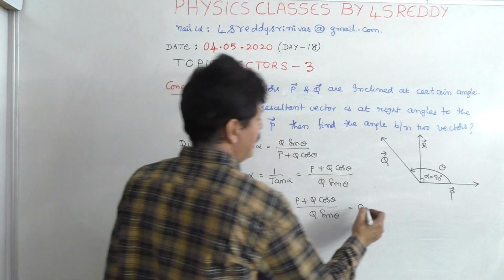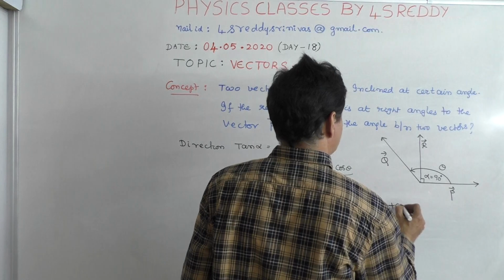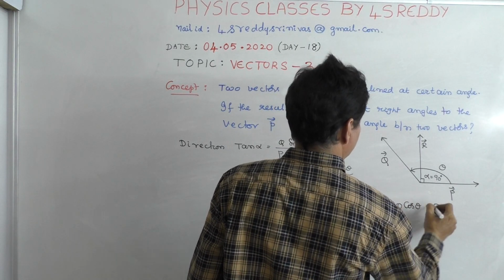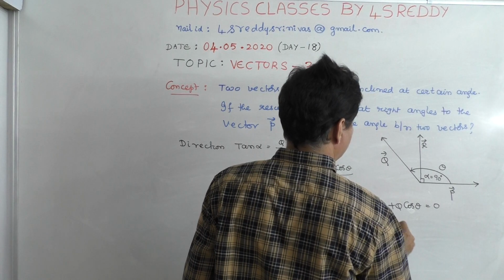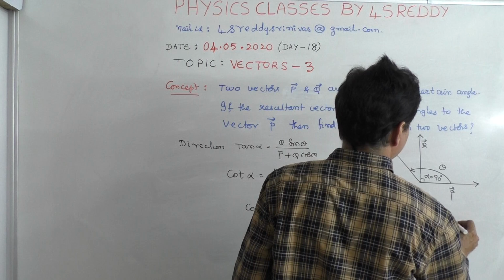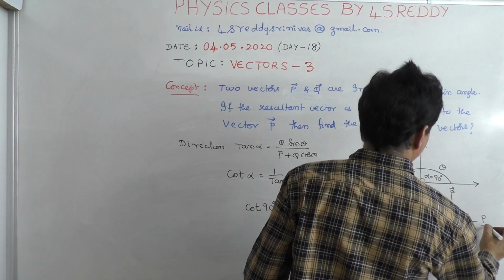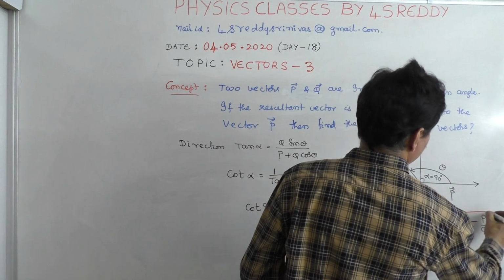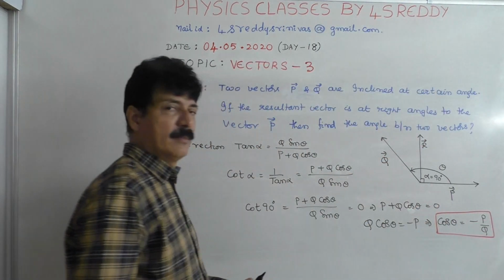Therefore, P plus Q cos theta is equal to 0. Therefore, Q cos theta is minus P, which implies cos theta is minus P by Q. This is another important relation.